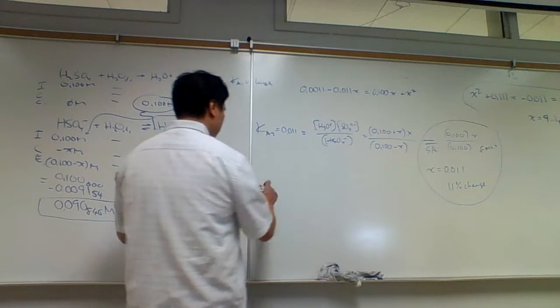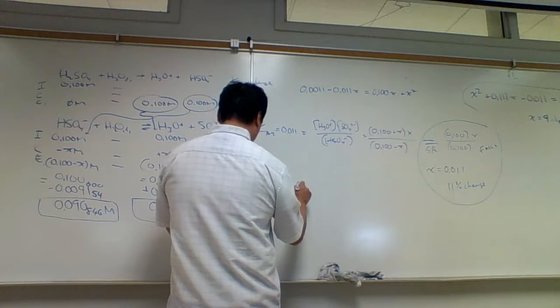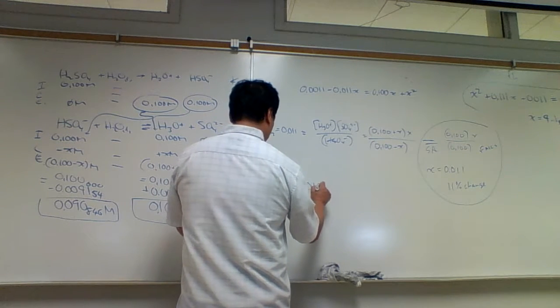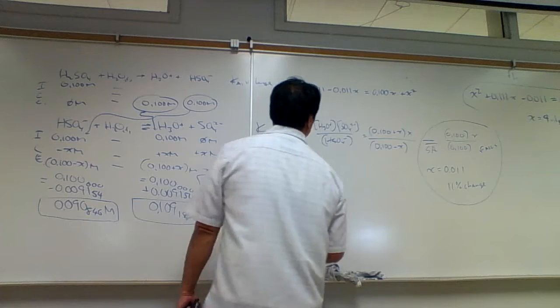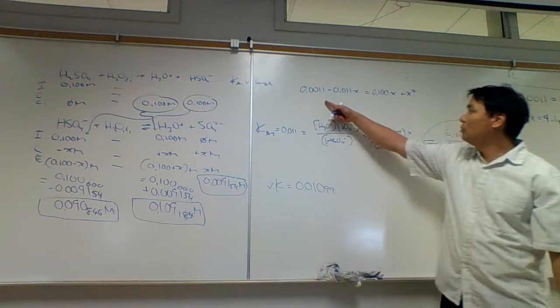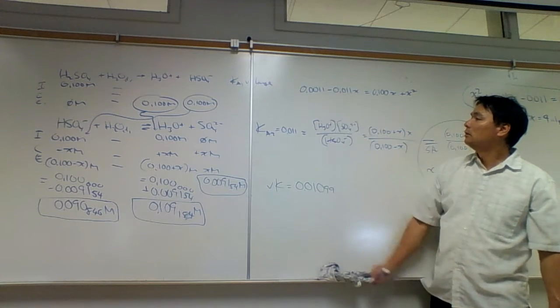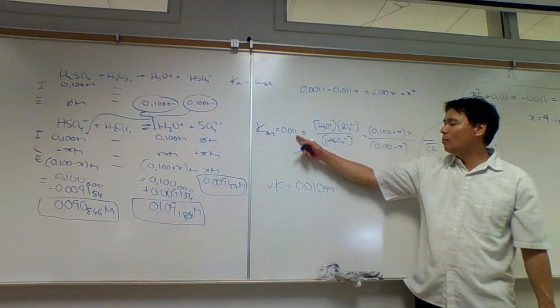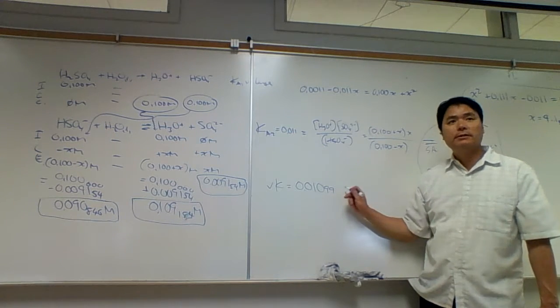And I get a K. When I calculate my K for the check, I get 0.01099. It's supposed to be 0.011. Is that good? This is good.